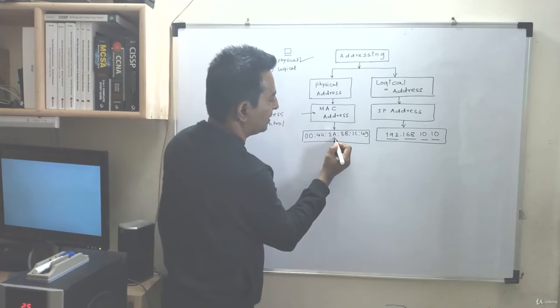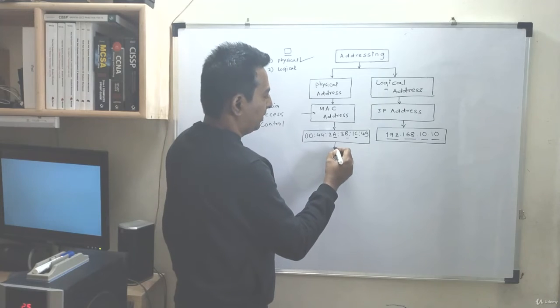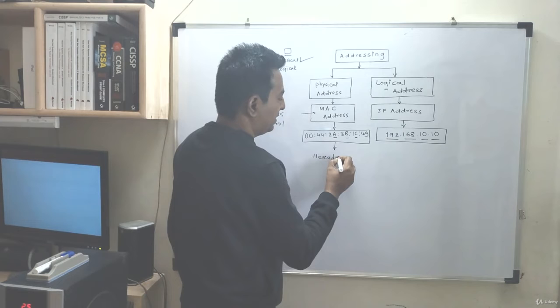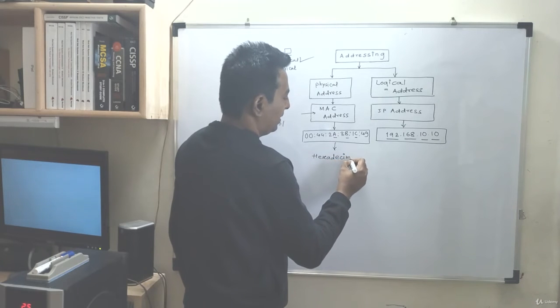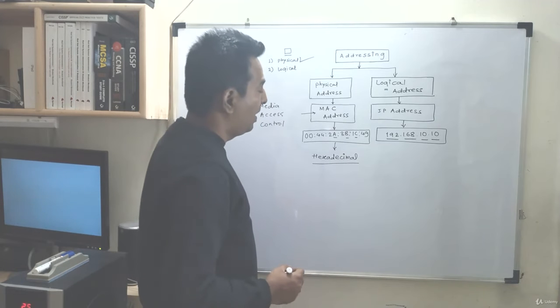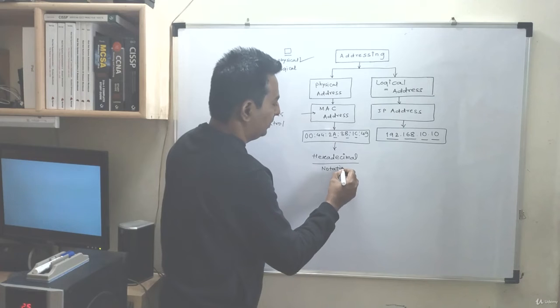Here, in the MAC address, you can see letters like A, B, C. So you can understand that a MAC address is specified in hexadecimal notation.